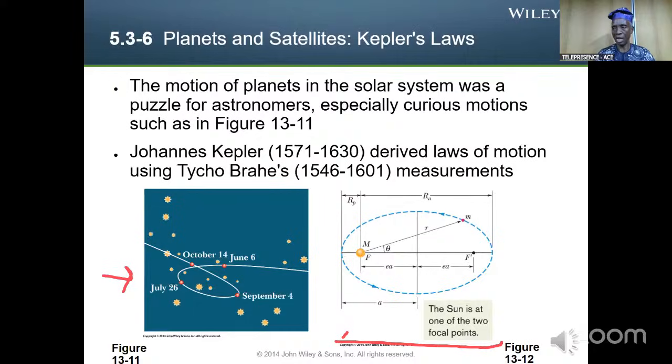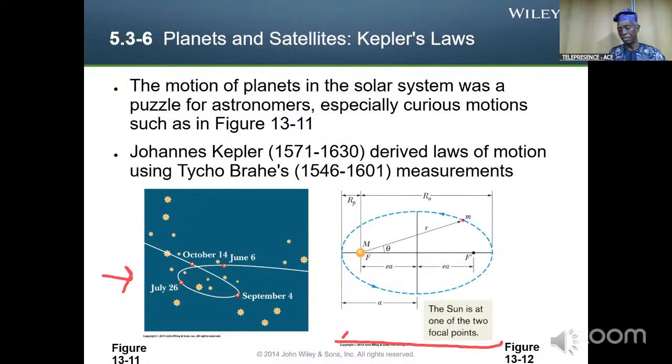The two foci are separated by a distance, the major axis distance, kind of. From the center to one of the foci, we describe it as EA, where E is the eccentricity of that ellipse. So these are just what we use to describe an ellipse.